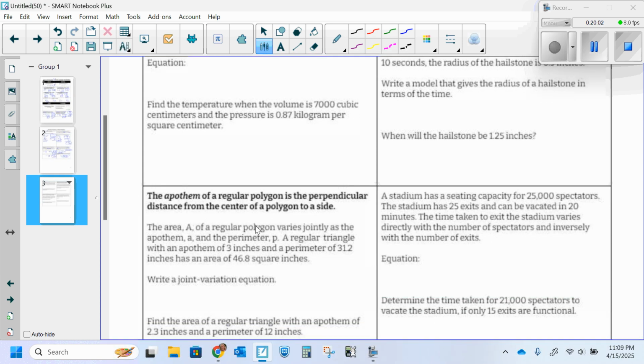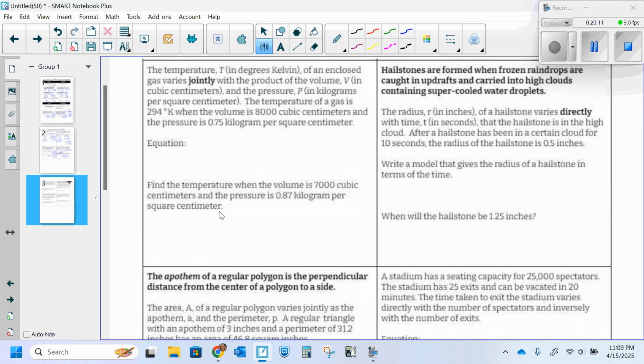I'm just looking at my notes. I'll go ahead and do this one. The temperature T varies jointly with the product of the volume and the pressure.